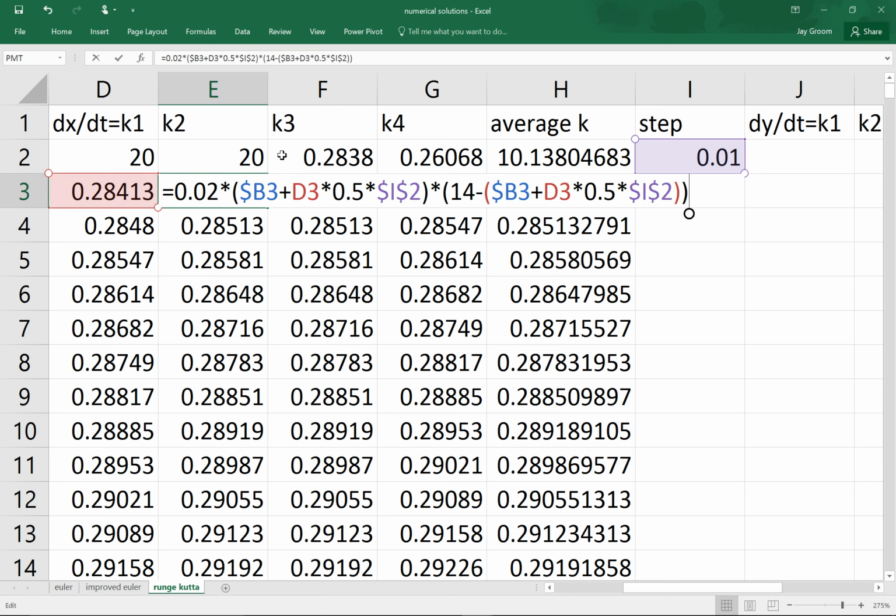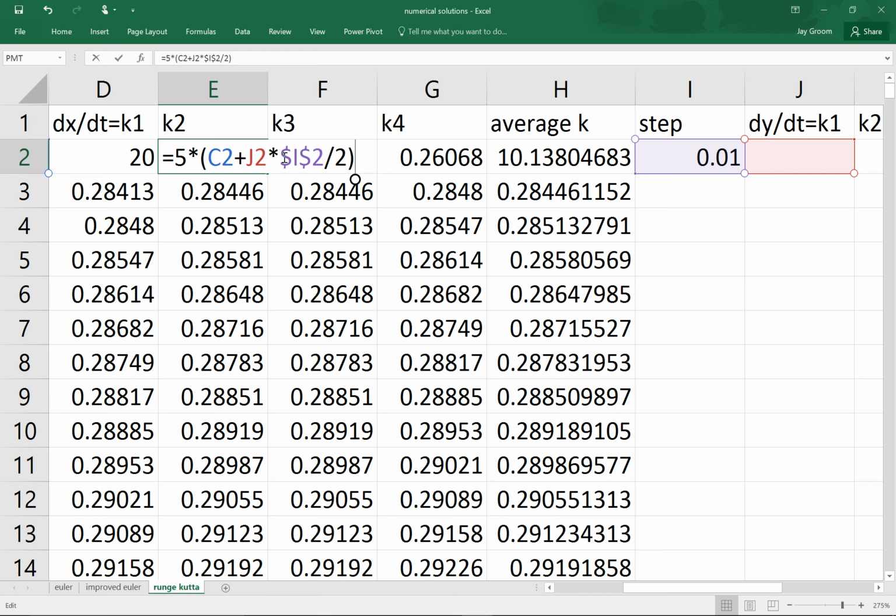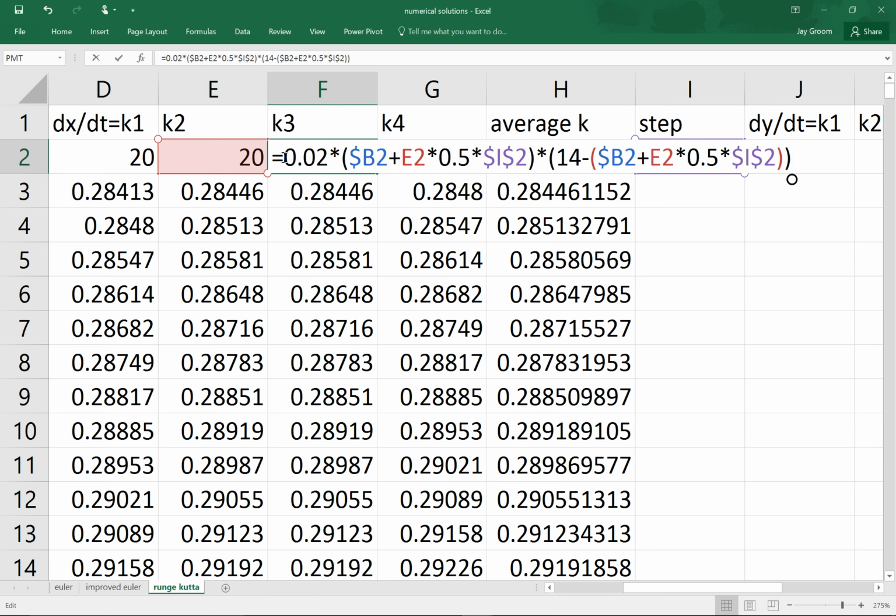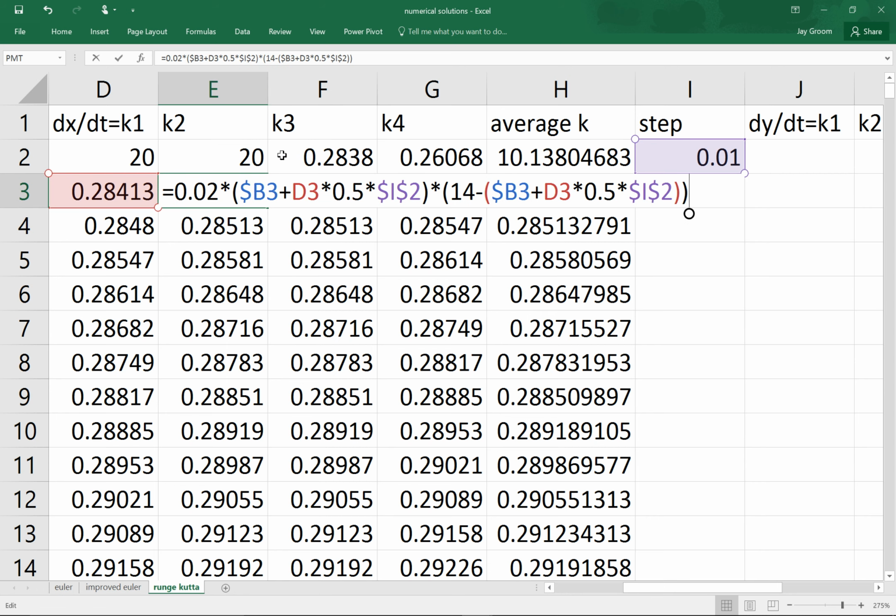Now wait, so look at this guy right here. So there it is, that's half of your step size, yes? So that's what I have going on right there. Half my step size. Now look at the third one over. What's happening here? Yeah, so there it is right there. So, that's good.